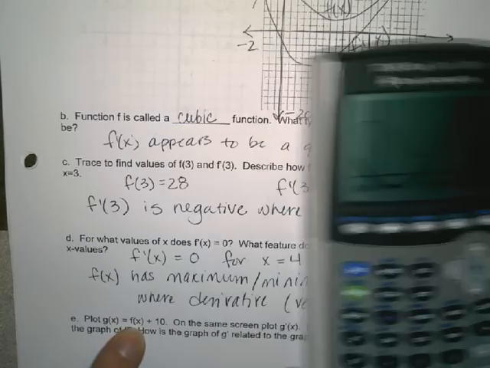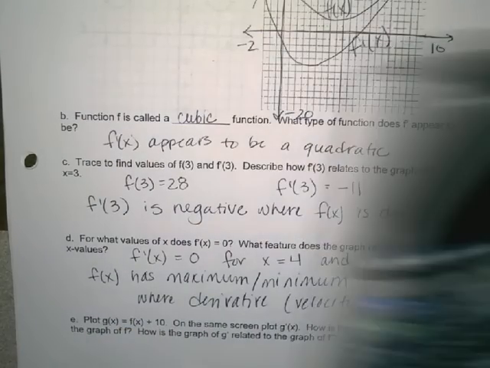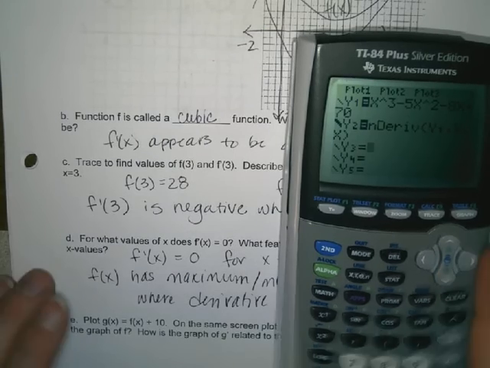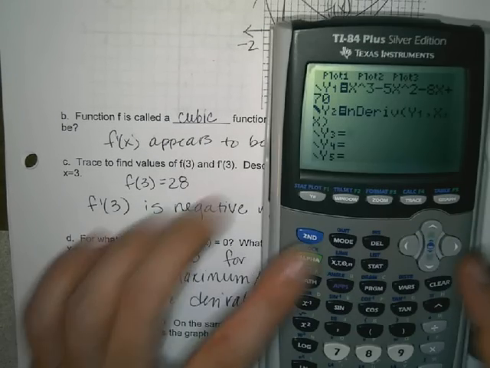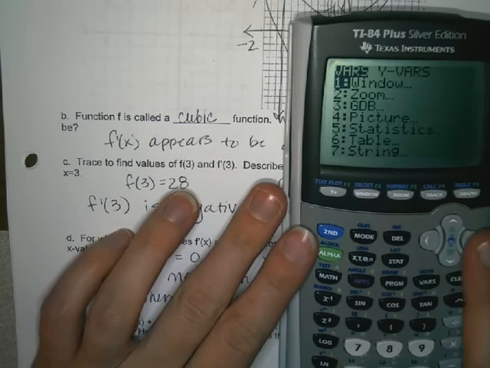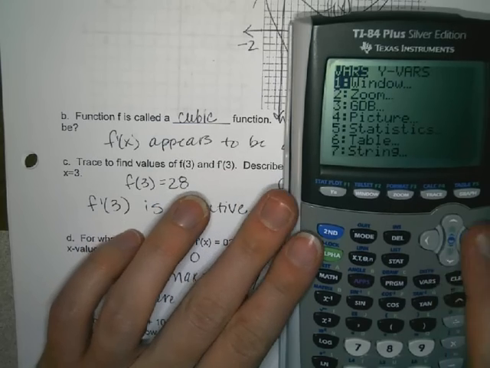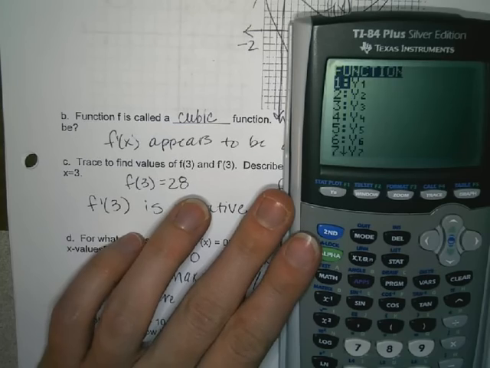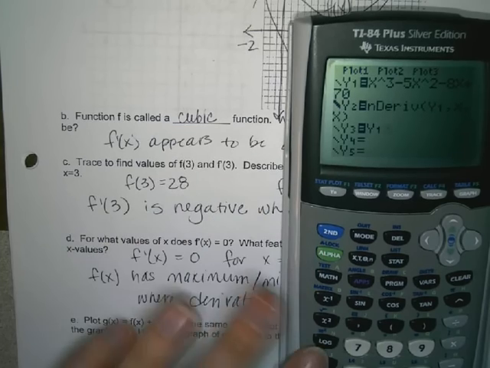Okay, so we're going to plot g of x equals f of x plus 10. Okay, so f of x, that was under y1. So I'm going to go back to y bars, y1 plus 10.